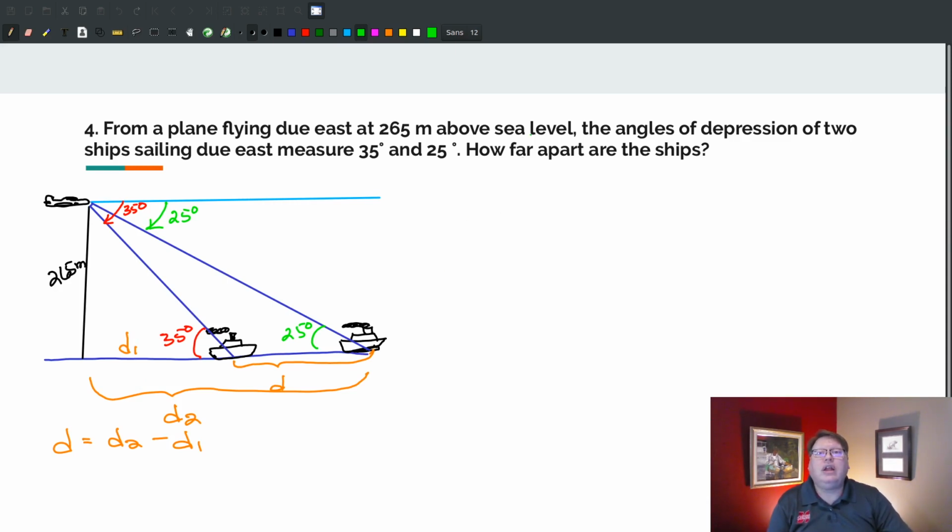So we want to say the tangent of 25 degrees is equal to 265 divided by D2. And if I put that over 1, then I get D2 times tangent of 25 degrees is equal to 265. And then we're going to divide out tangent of 25.